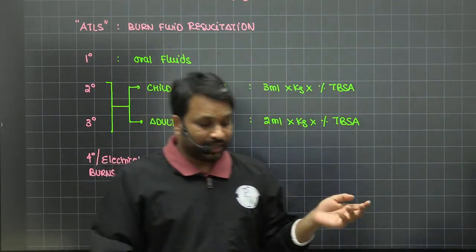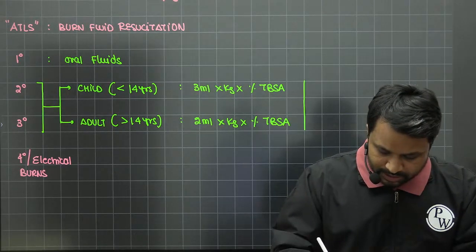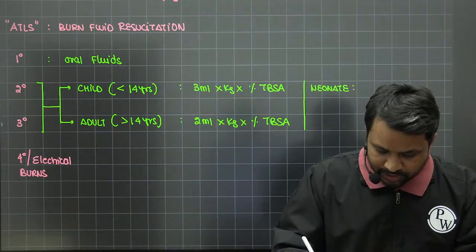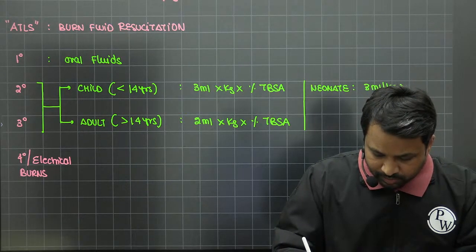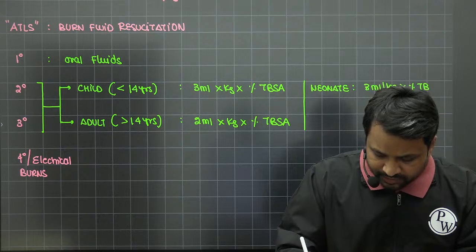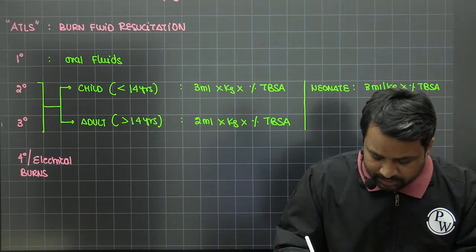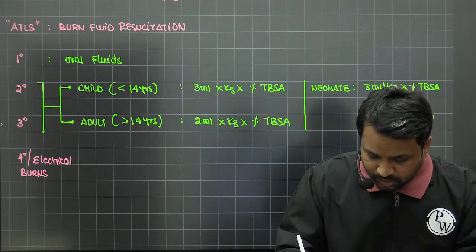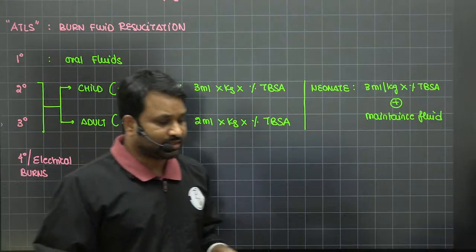If you have a patient who is a neonate, it is going to be 3 ml per kg per percentage of total body surface area burnt, plus I am going to add the maintenance fluid. So I'll calculate whatever is the required maintenance fluid, add it to that fluid, and then resuscitate the patient, right?